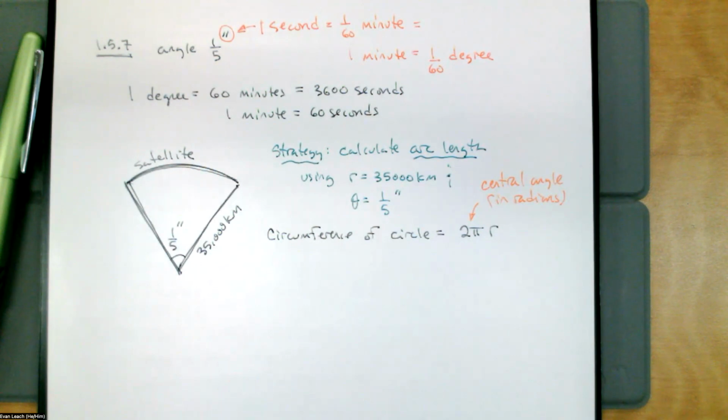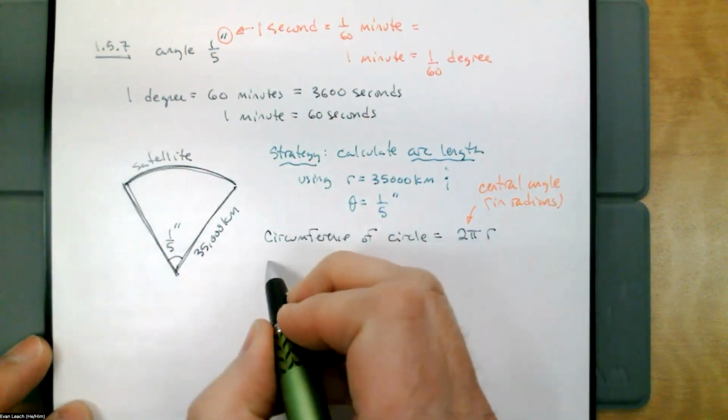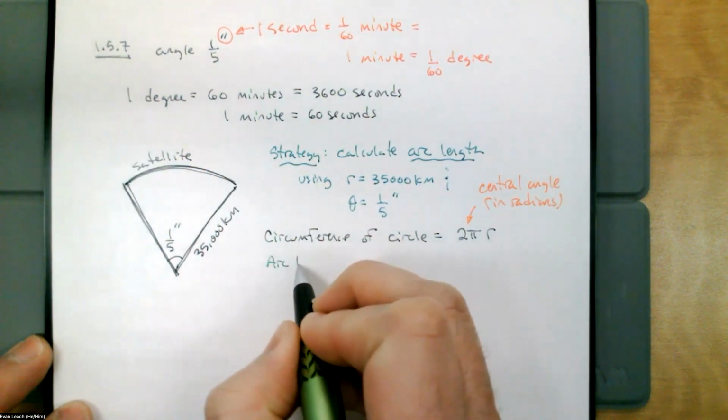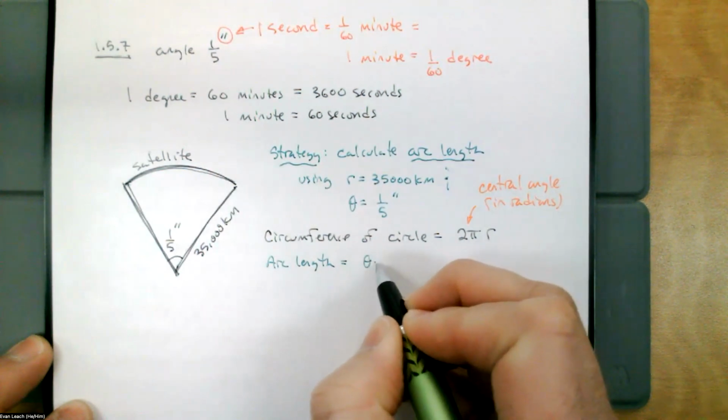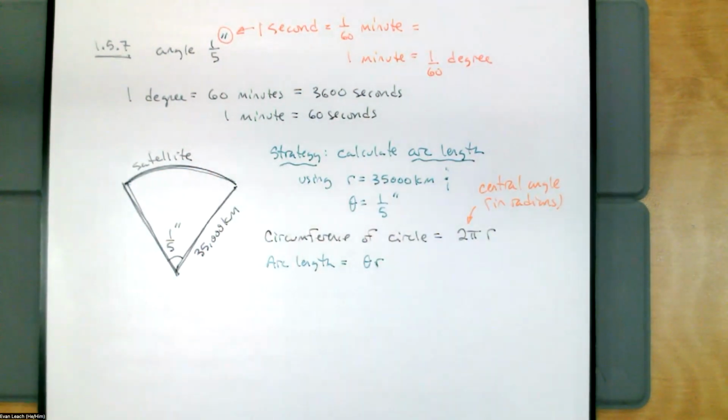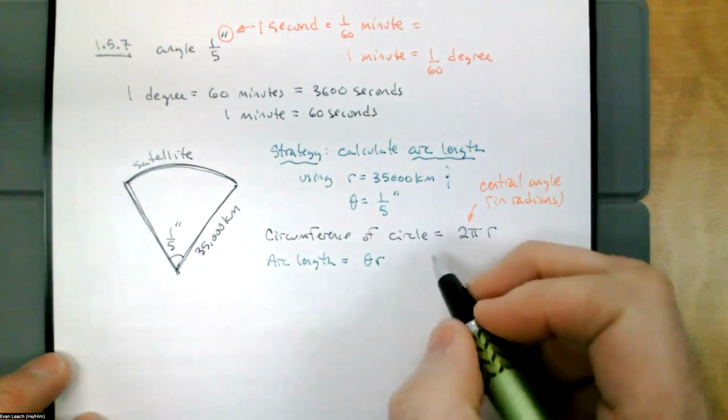What we need now is just 1/5 of a second converted into radians. And that's one way we can approach this problem. So for arc length, it is just theta times r, where theta has to be in radians.